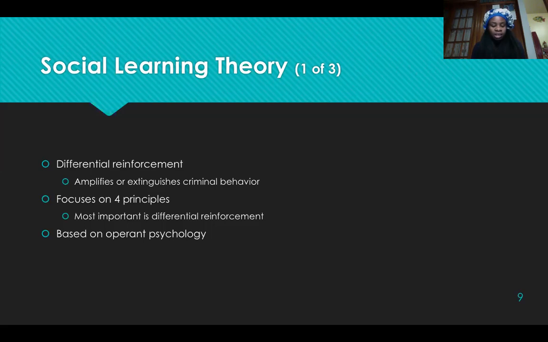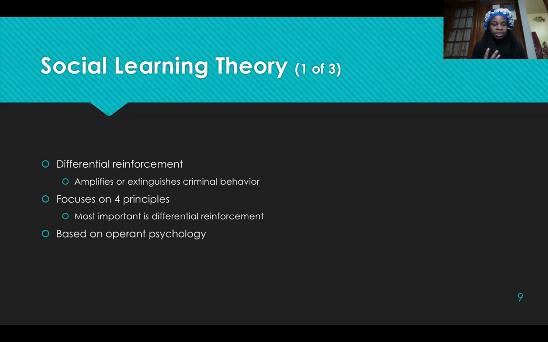Akers and his colleague Robert Burgess applied the powerful concept of operant psychology to this issue and claimed it was the differential reinforcement of behavior that either amplified or extinguished criminal behavior. Differential reinforcement is defined as the balance of anticipated or actual rewards and punishment that are consequences of behavior.